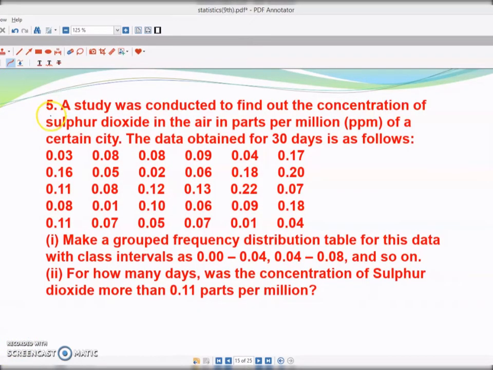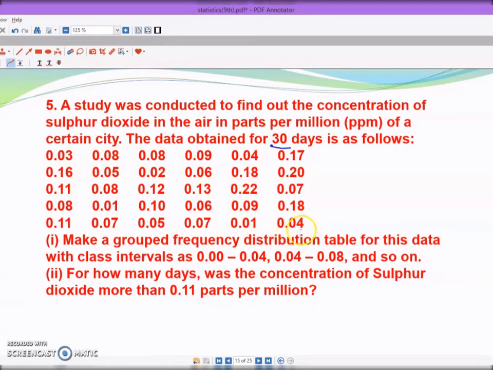Next is question number 5. A study was conducted to find out the concentration of sulfur dioxide in the air, in parts per million, of a certain city, and the data was obtained for 30 days. So again, there will be 30 values recorded, one for each day. On day 1, the concentration of sulfur dioxide was recorded as 0.03 parts per million, and so on.